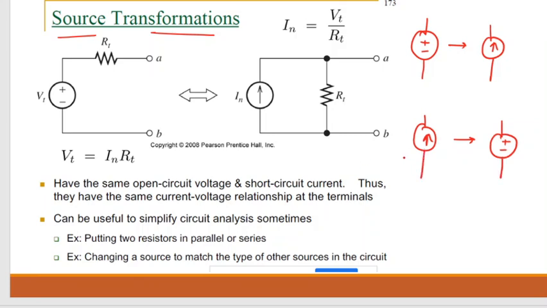Got it? There is one condition, and current parallel, right?